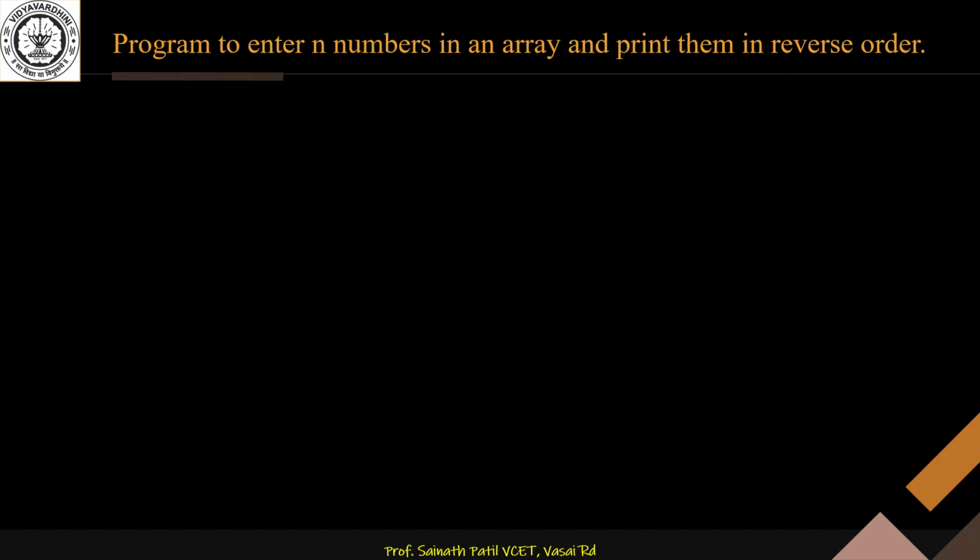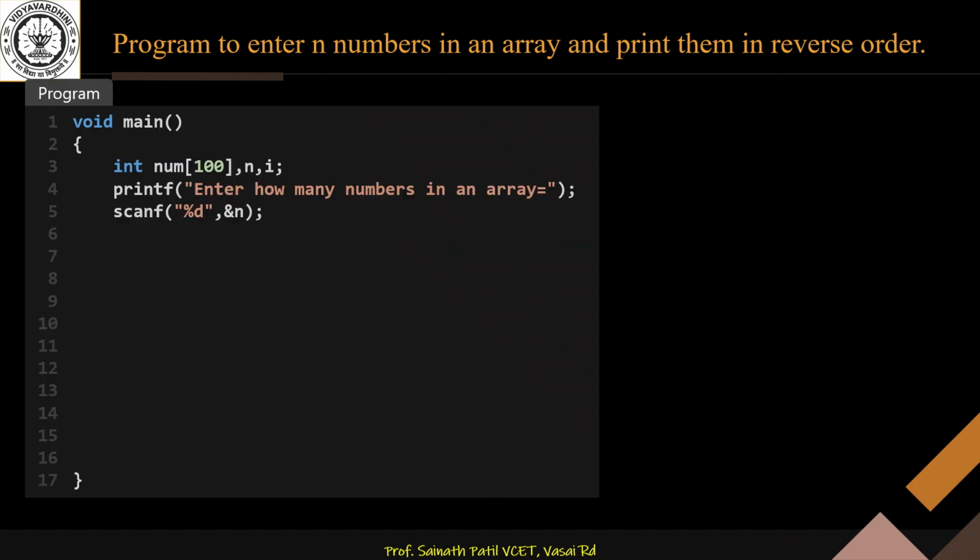Let's write one more program to enter n numbers in an array through keyboard and print them in reverse order. So we'll start writing the program under void main: int num is the array, num square bracket 100 is the size, comma n, comma I. Now printf enter how many numbers in an array, and scanf %d n, that will accept.